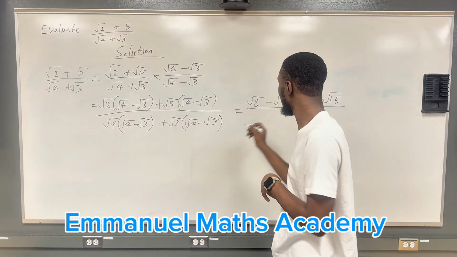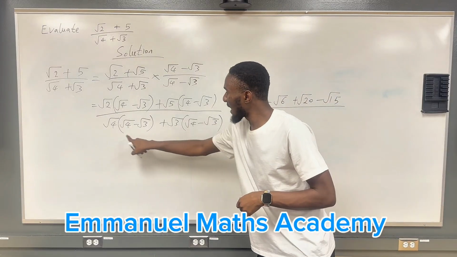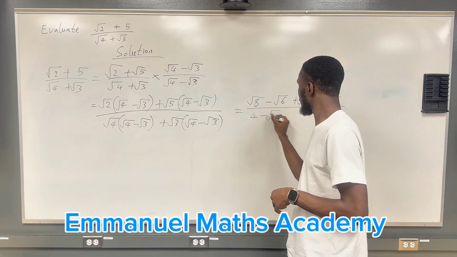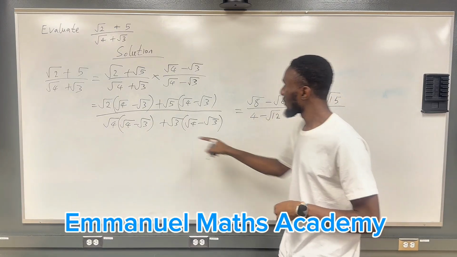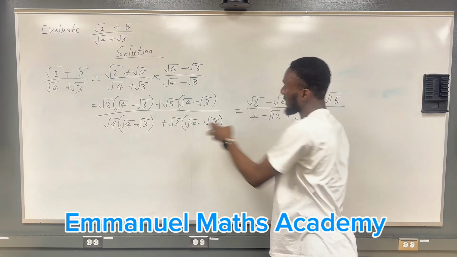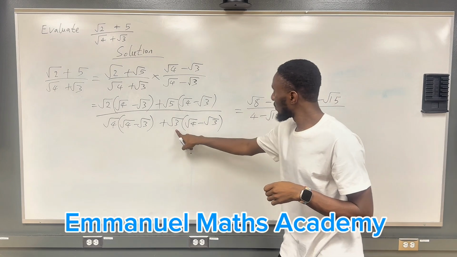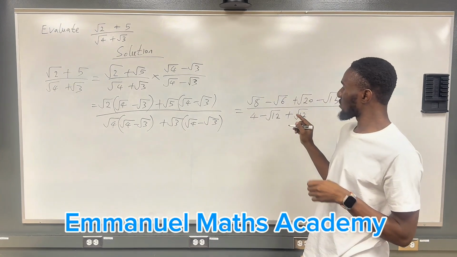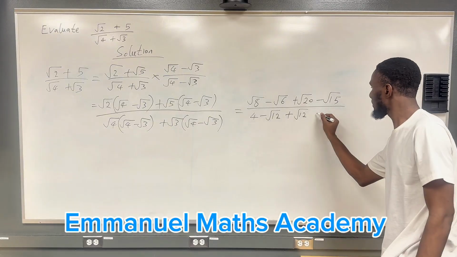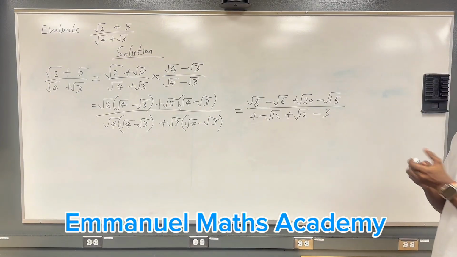Root 4 times minus root 3 will give you minus root 12, plus root 3 times root 4 will give you root 12. Root 3 times minus root 3 will give you minus 3. Right?